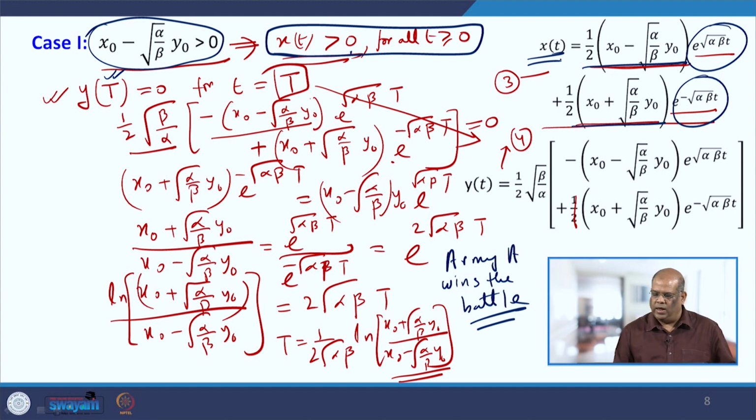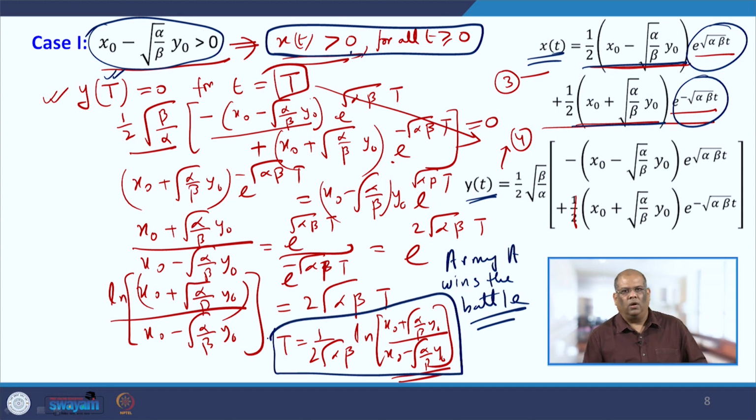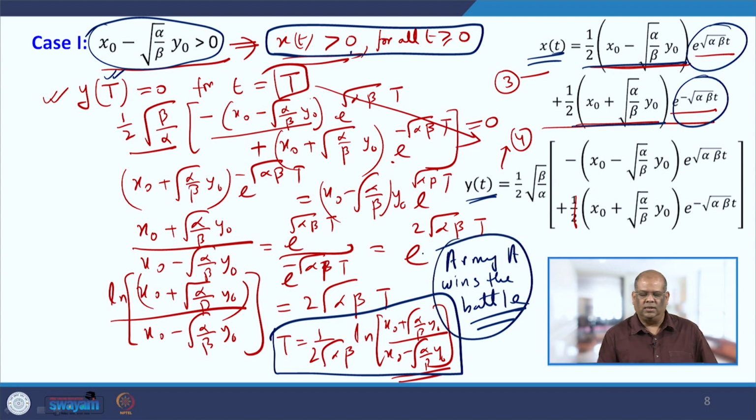Then let us see if you can find any finite time for which this yt is equal to 0, because xt is always positive, and you have shown that there exists a capital T which is finite and your yt becomes 0. So, yt means the troops of army B become 0 and hence army A wins the battle. So, that is the case if your x0 minus root alpha by beta y0 is positive.